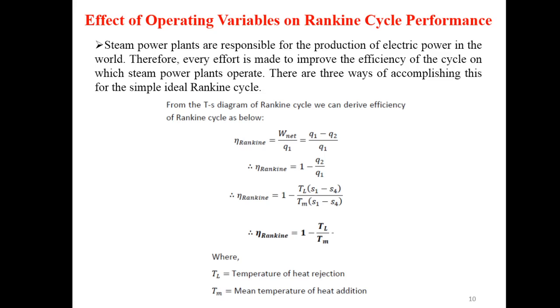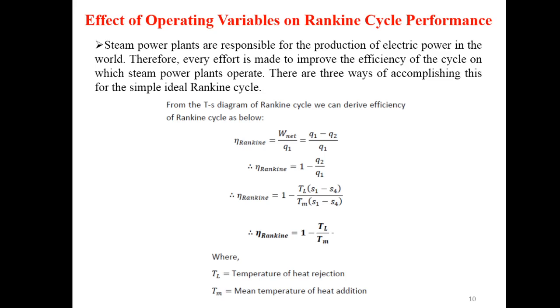Next is effect of operating variables on Rankine cycle performance. Steam power plants are responsible for the production of electric power in the world. Therefore, every effort is made to improve the efficiency of the cycle on which steam power plants operate. There are three ways of accomplishing this for the simple ideal Rankine cycle.